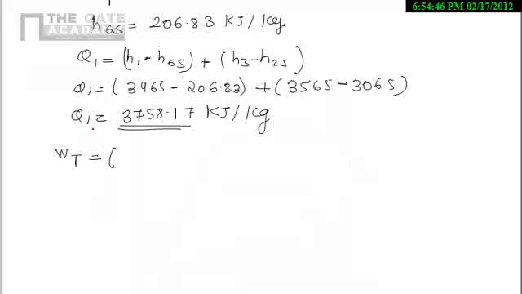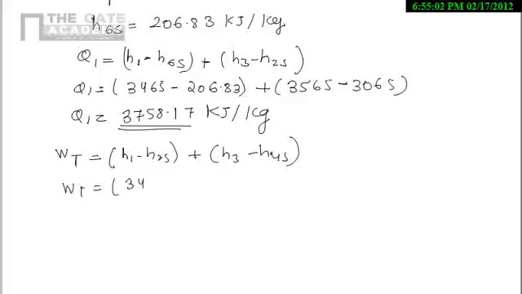So for 1 to 2s the work done is H1 minus H2s, 3 to 4s the work done is H3 minus H4s. So WT equals to H1 we are having 3465 minus H2s 3065, plus H3 3565 minus H4s we are having 2300.